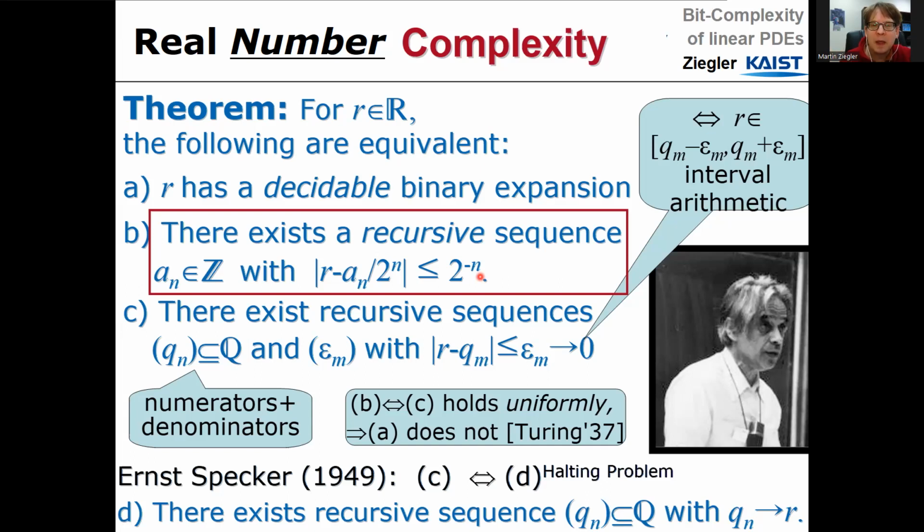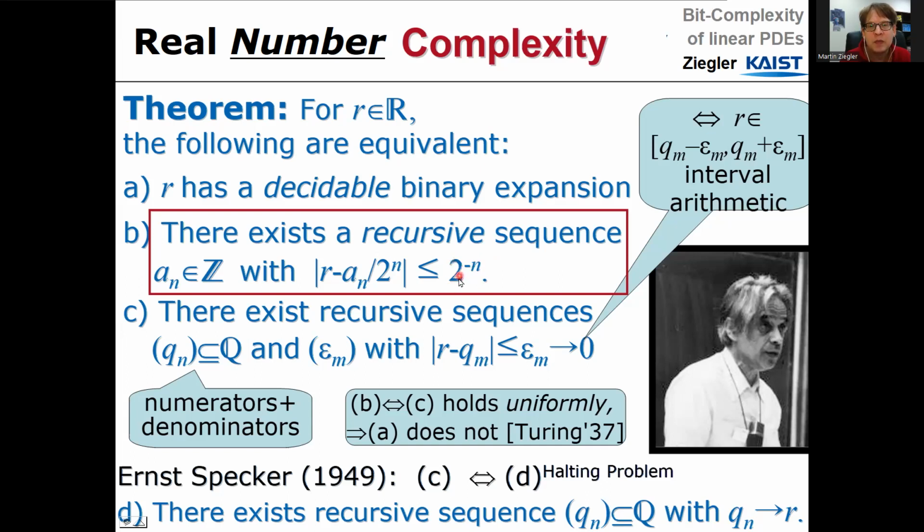Now the output only, right? Output is an entire sequence of approximations to a real number. There is no input. And the time for outputting the sequence elements is required to be polynomial in that precision parameter.